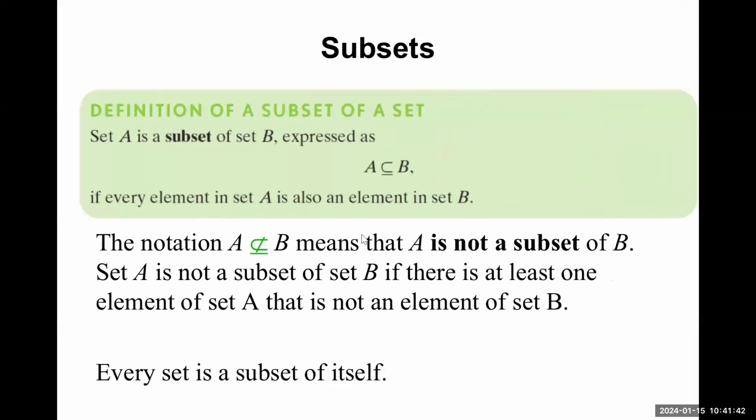By definition, the set A is a subset of B, expressed as A ⊆ B, if every element of the set A is also an element of the set B. So we can say the set A is 1, 2, 3, 4 and the set B is 2, 4, 1, 3.